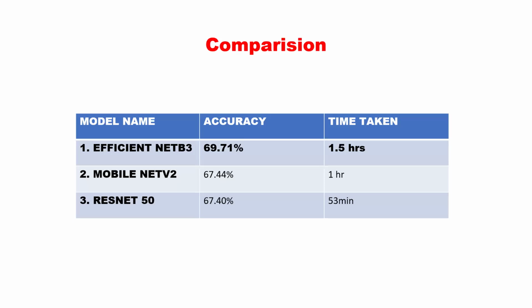We chose EfficientNet B3 because it is an optimal model for emotion recognition. The reasons will continue in the upcoming slides. In the baseline comparison, EfficientNet B3 got 69.71 percent accuracy in 1.5 hours of time.